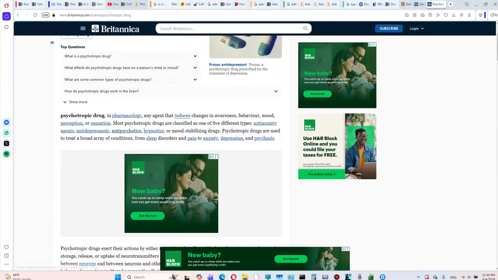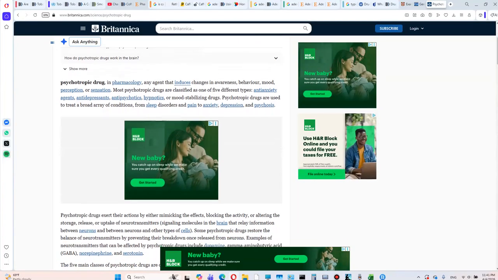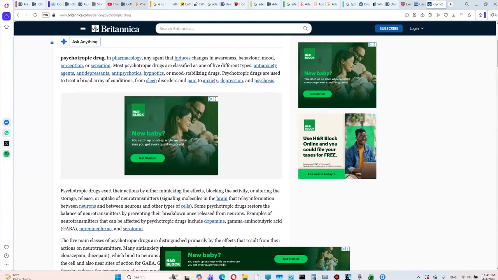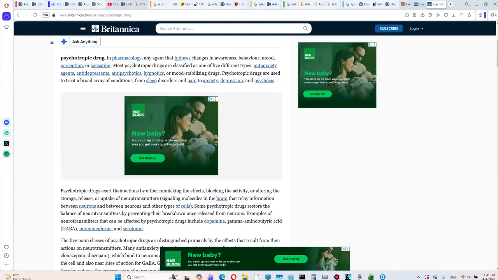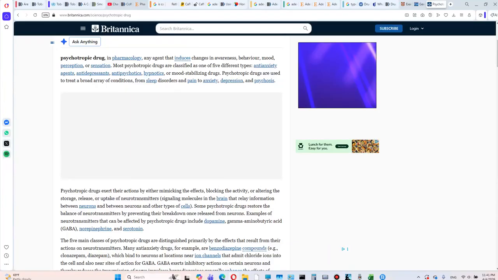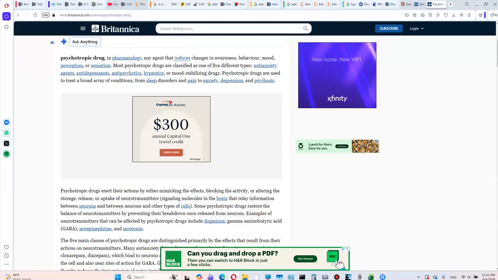In pharmacology, any agent that induces changes in awareness, behavior, mood, perception, or sensation. Most psychotropic drugs are classified as one of 5 different types: anti-anxiety agents, antidepressants, antipsychotics, hypnotics, or mood-stabilizing drugs. Psychotropic drugs are used to treat a broad array of conditions, from sleep disorders and pain to anxiety, depression, and psychosis.